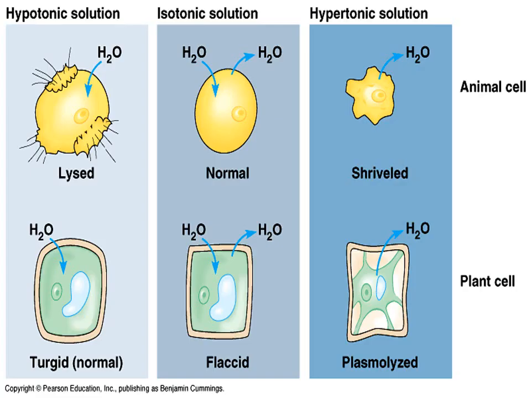Here are the different conditions you could see the animal and plant cells in, so you can compare them side by side, know which condition is better for the animal cell, know which condition is better for the plant cell and why that is, and then know the dangers of being in these different conditions, but more importantly, know the adaptations that allow some organisms to live in these hypotonic environments or maybe hypertonic environments. Think about the extremophiles that are able to survive in those environments.